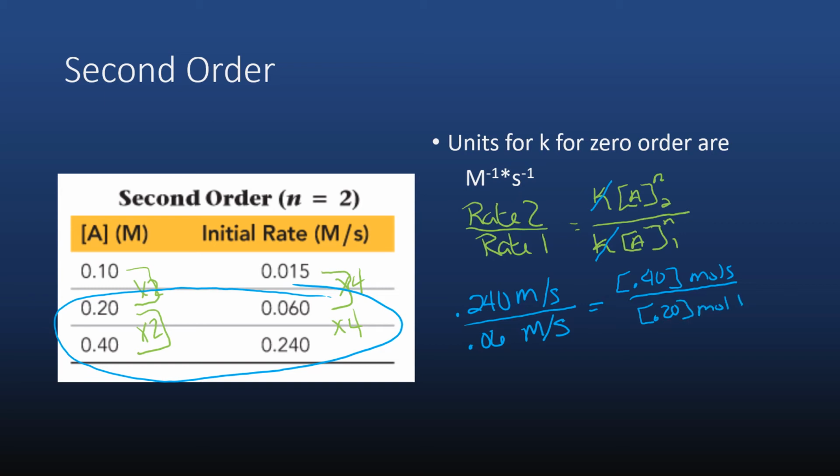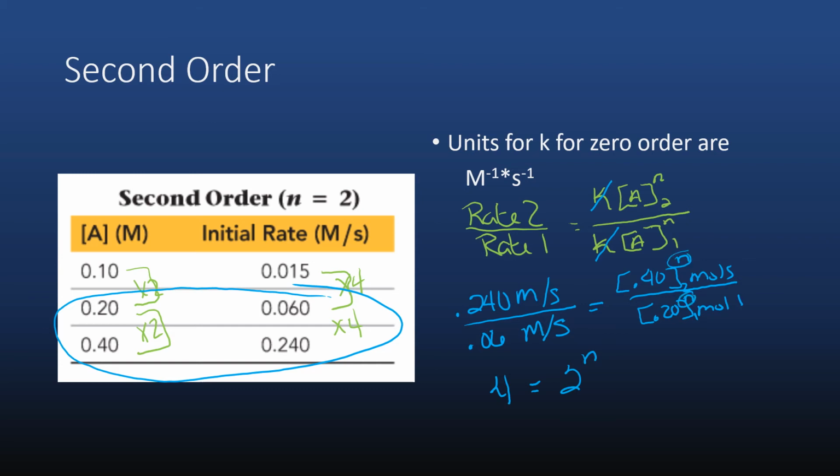This would be n2 over n1. Okay, so what we wind up with now is this is 4, and this is going to be 0.4 divided by 0.2, which is 2 to the n.